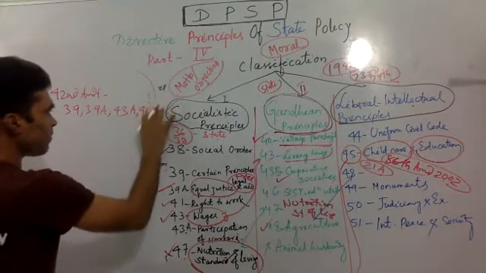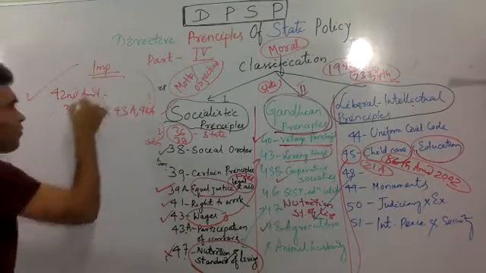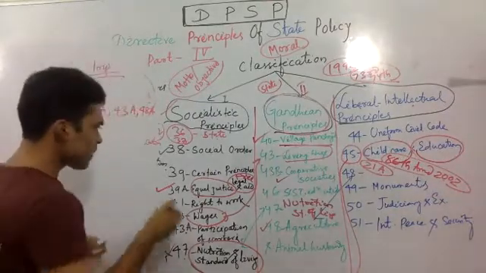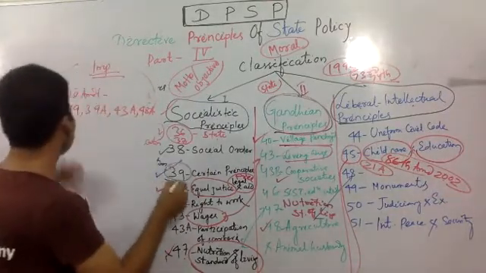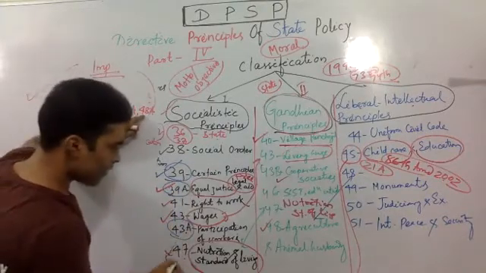This is very, very important. Please try to understand. So the 42nd Amendment added 39A, 43A and 48A.